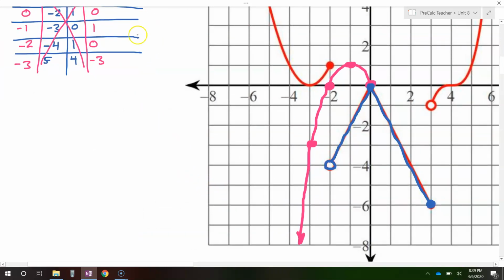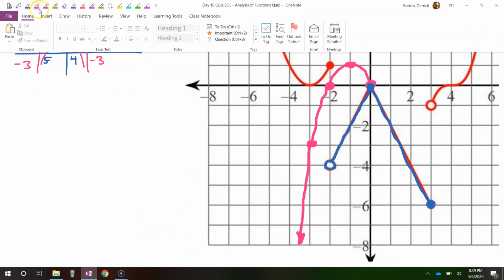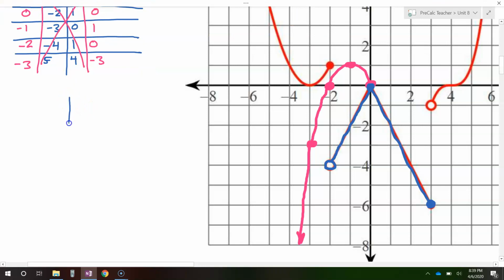So let's get our table of values going once again, but this will only be a table of 3. So x and y. Our first point is -2, -4. And then 0, 0.